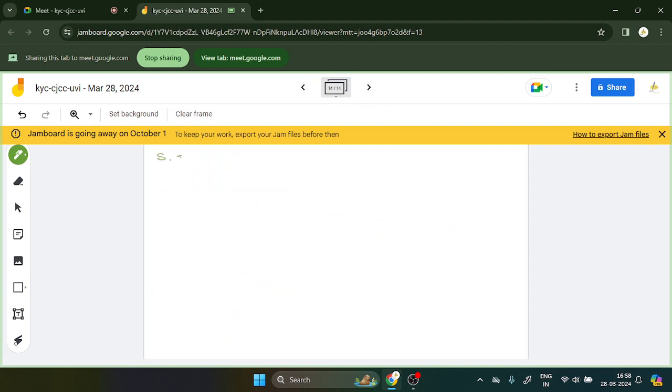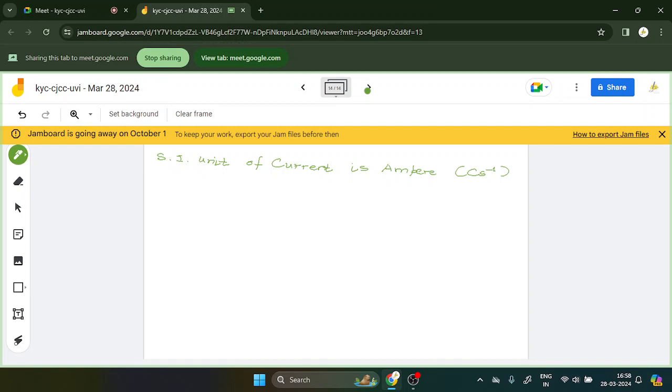Yes, the SI unit of current is ampere, also called coulomb per second. Clear? Any problem so far?